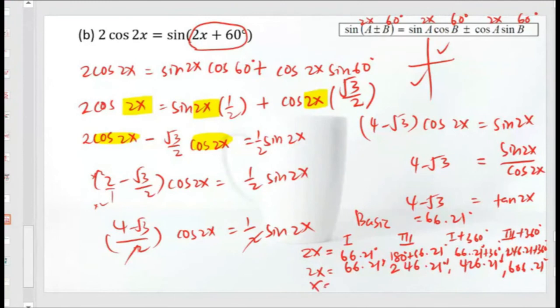And your angle will have to be divided by 2 again, because we need to find the value for x. So your final answer is 33.11 degree, 123.11 degree, 213.11 degree, and the last one is 303.11 degree.